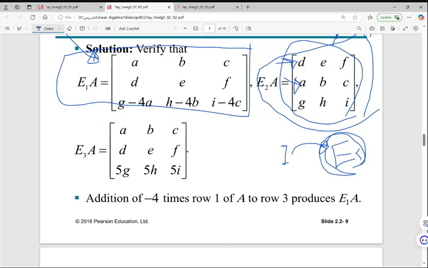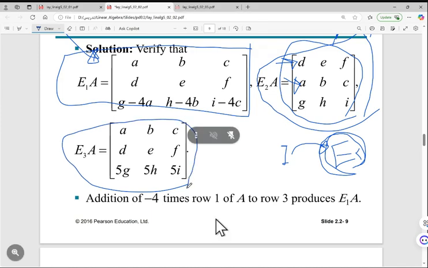Okay, and also for row scaling, something like this. Multiply the third row by 5. So you have A, right? And you want to multiply the third row by 5. Instead of directly doing this with A, you can apply this operation on I and obtain E3.